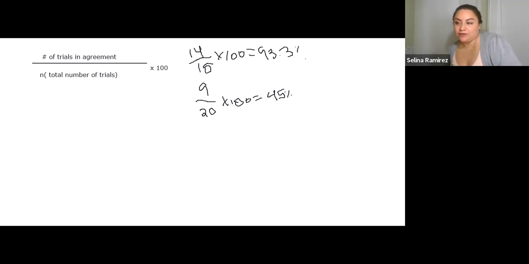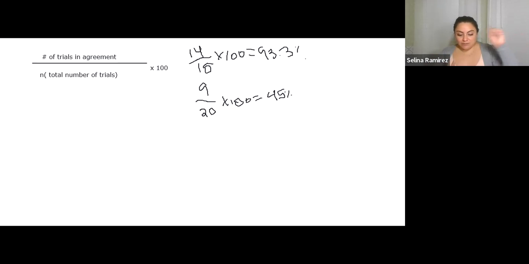And let's say they give you scored interval, mean duration, total count IOA, and mean count.